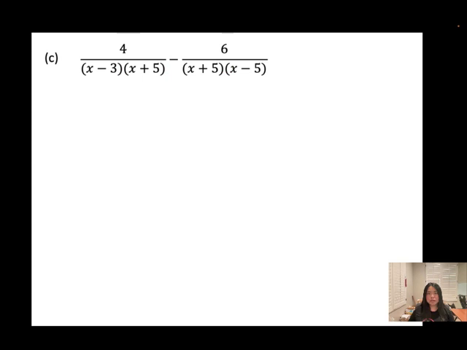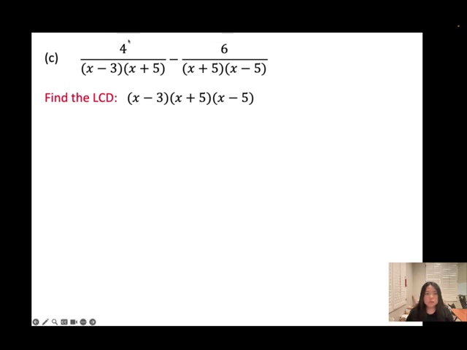Okay, this one. Find out the LCD. Think about it. What is the LCD? So the LCD will be x minus 3, x plus 5, x minus 5.